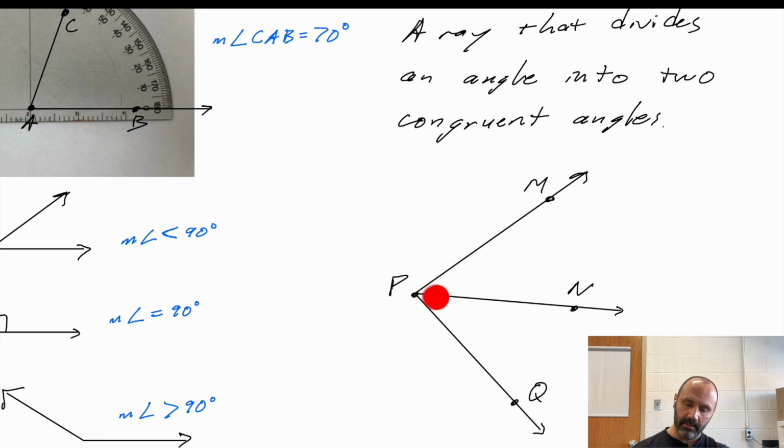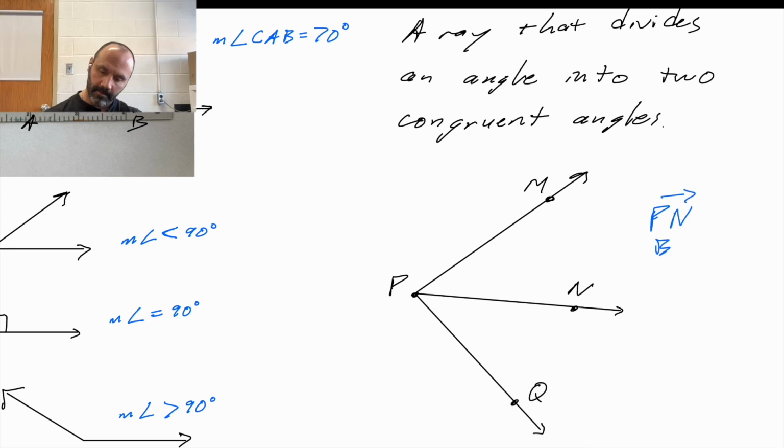And so here, this ray, ray PN, bisects angle MPQ. And so I can write this also, that angle MPN is congruent to angle NPQ.